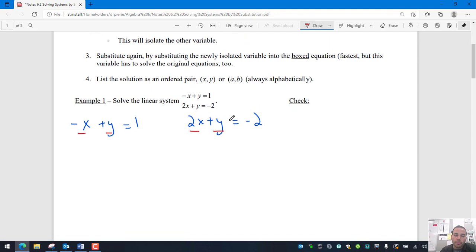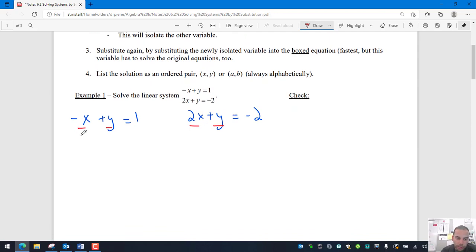Okay, so out of these four options, the variable I'm going to pick to isolate is this y in the first equation. I think it's decently easy. It's only one step to isolate it. If I want to get y all by itself, all I need to do is add x to both sides.